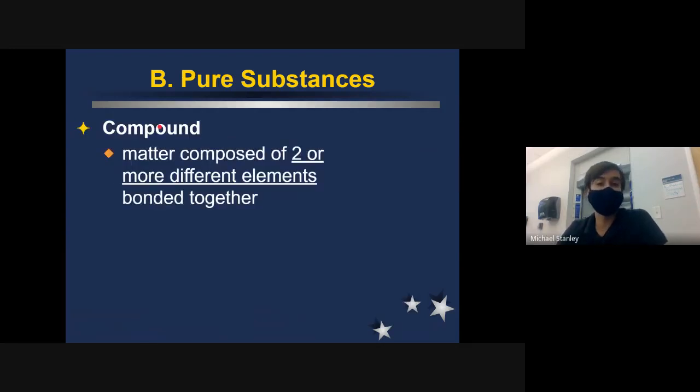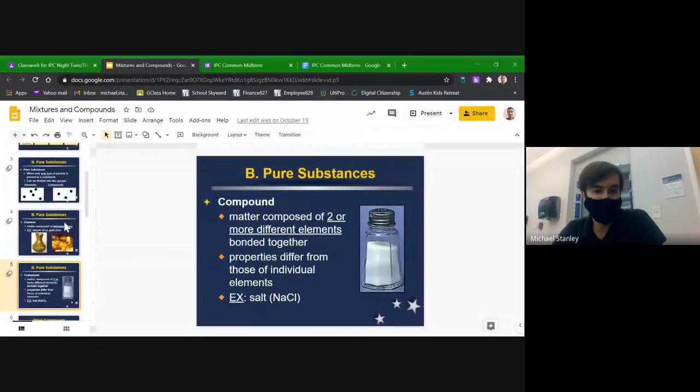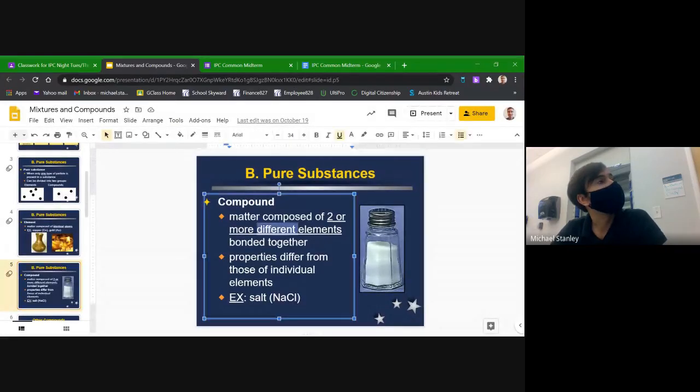So compounds are the slightly trickier version. Compounds are when we have two or more different elements bonded together. So the key word here is different. And actually, you know what? I'm even going to go in and change this a little bit on here, just because it's so important.